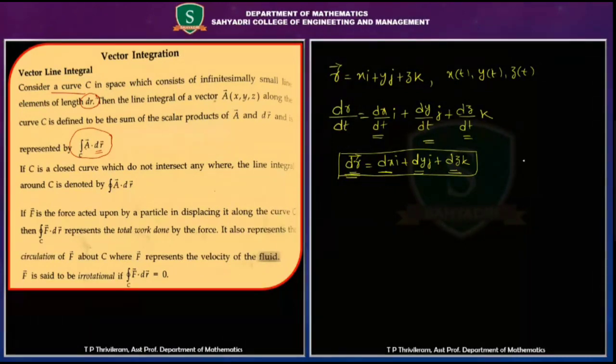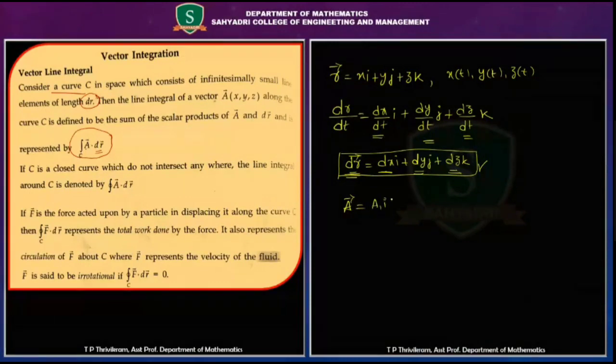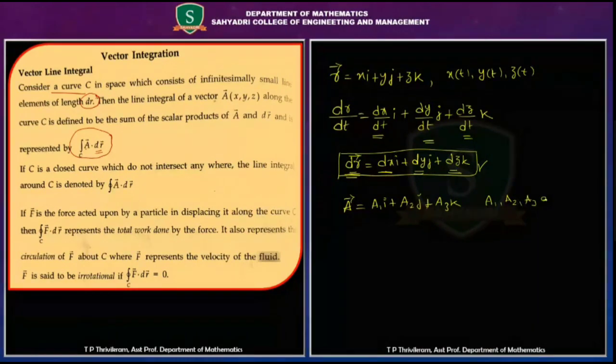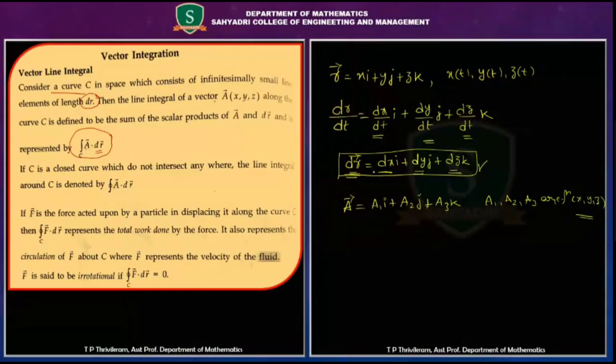So now we are taking the difference in r to dot product with the vector function A, where A is defined as a1 i plus a2 j plus a3 k, where a1, a2, a3 are functions of x, y, z. Then you'll do the dot product between these two and do the integration for that. Clear?